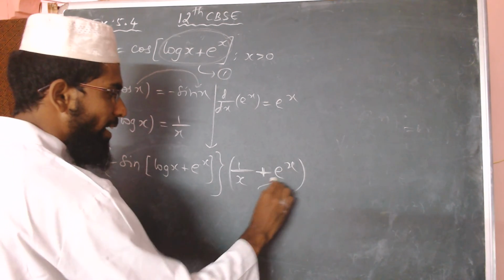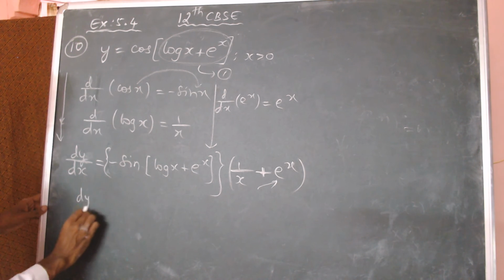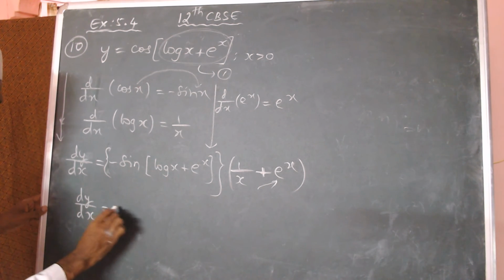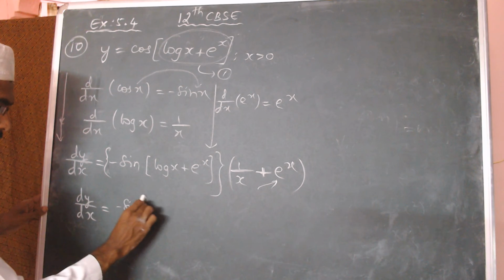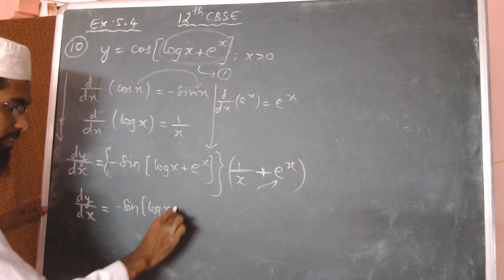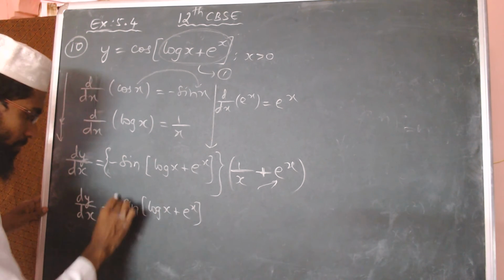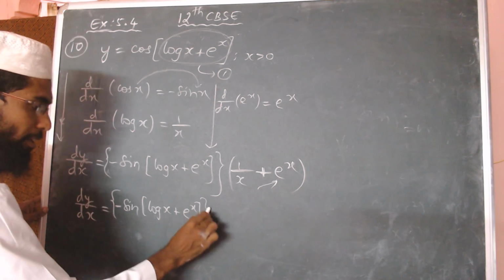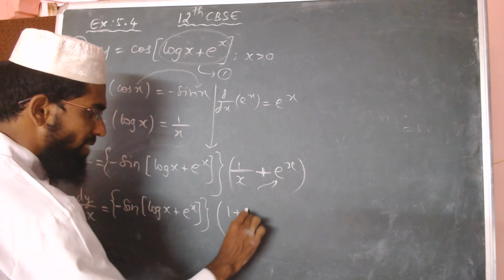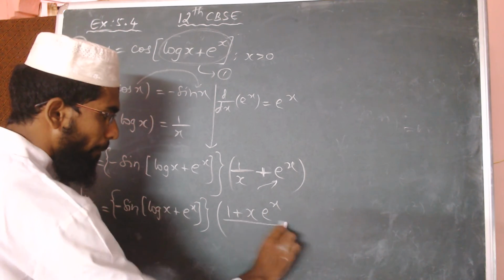Now I can take the LCM. So dy by dx equals minus sin of log x plus e power x into, what I'll be getting, 1 plus x into e power x by x.